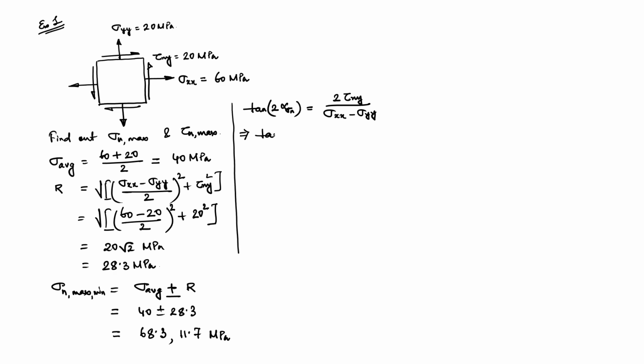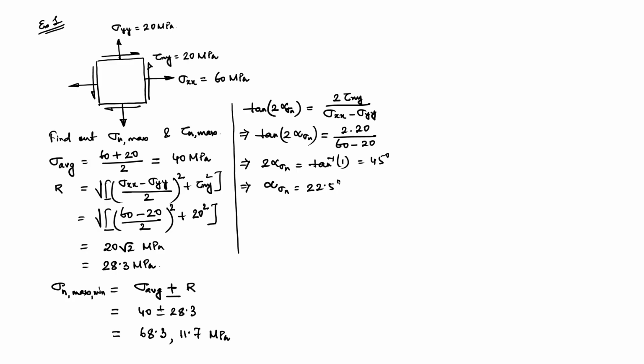So, tan of twice alpha corresponding to the principal plane is nothing but 2 times tau xy, which is 20, divided by 60 minus 20. So, effectively this is 1. So, twice alpha sigma n is tan inverse 1, that is 45 degrees.